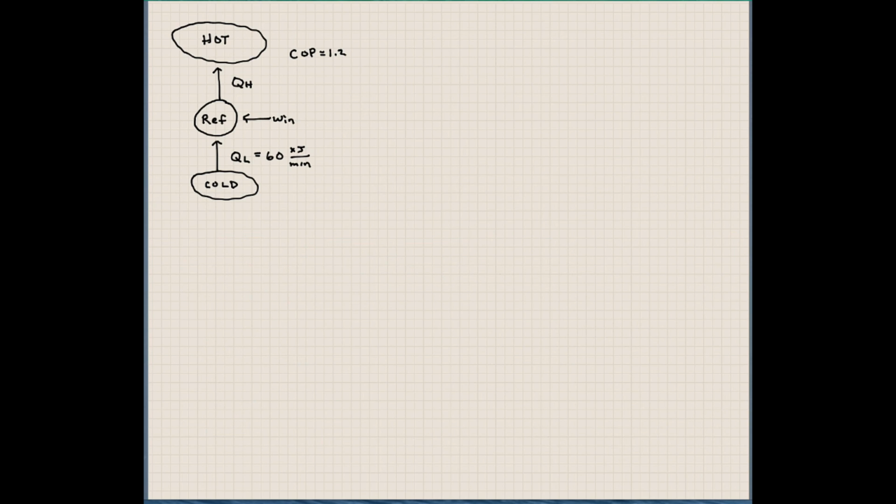The question that we want to determine is what is the work needed in, what is work in, and what is QH. So those are the questions we are asking for this problem.